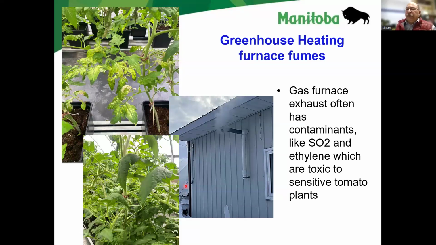Even small levels, or ppm levels, can be quite harmful to the tomatoes. So it is important that our exhaust is further away from our greenhouses, and one should be aware what is happening.